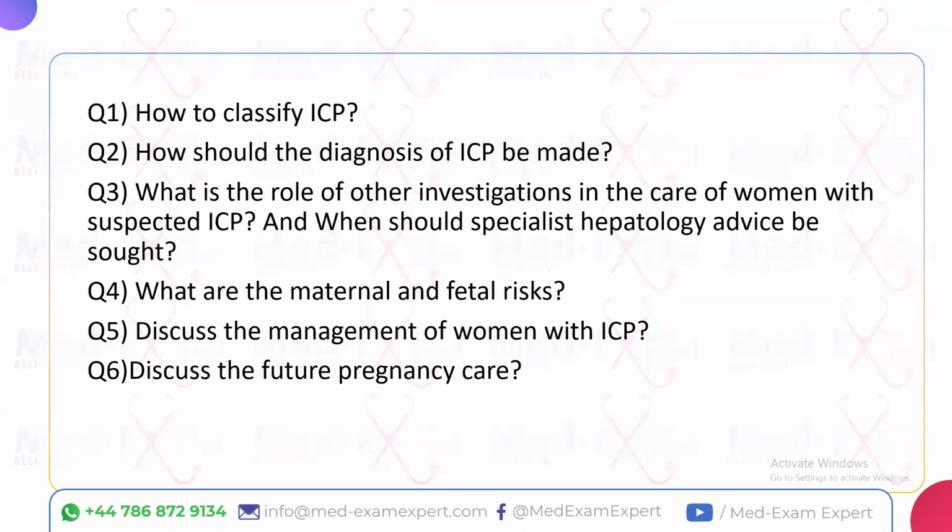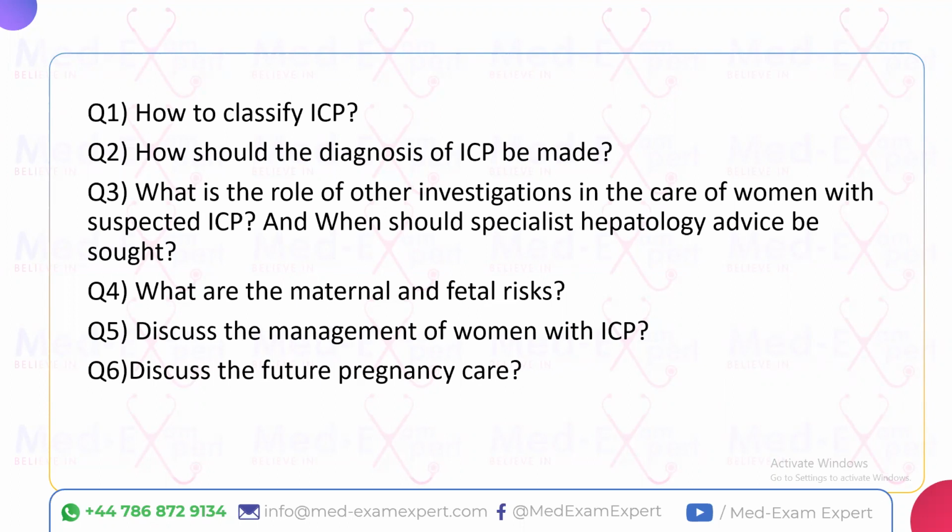So, how to classify ICP? Intrahepatic cholestasis of pregnancy is classified based on maternal history and according to the differential diagnosis.